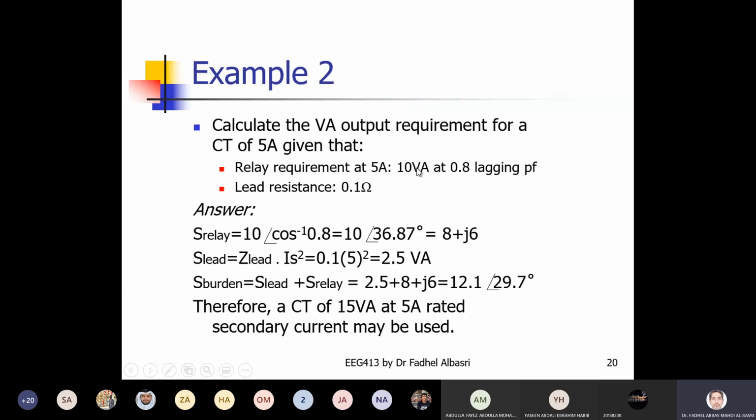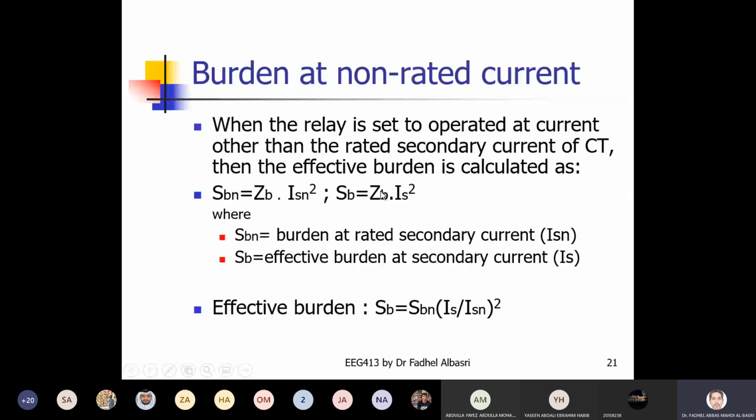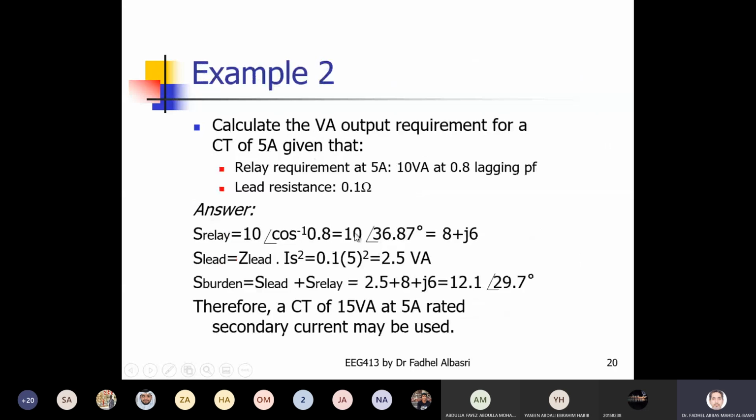So how do you convert the volt-ampere corresponding to 5 ampere to a burden corresponding to 1 ampere? You do it in this way. You know S_B, which is the burden in volt-ampere, and N represents the nominal, meaning rated, the one specified by the manufacturer.